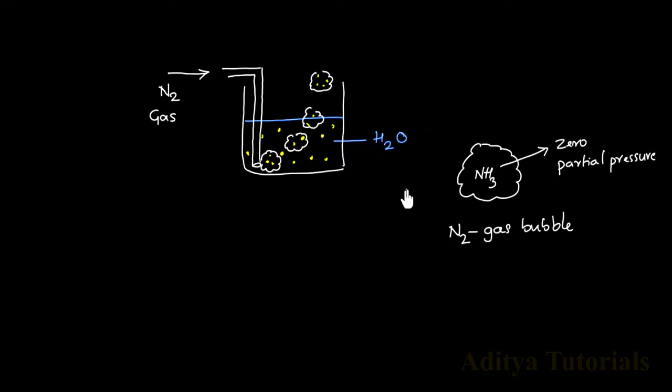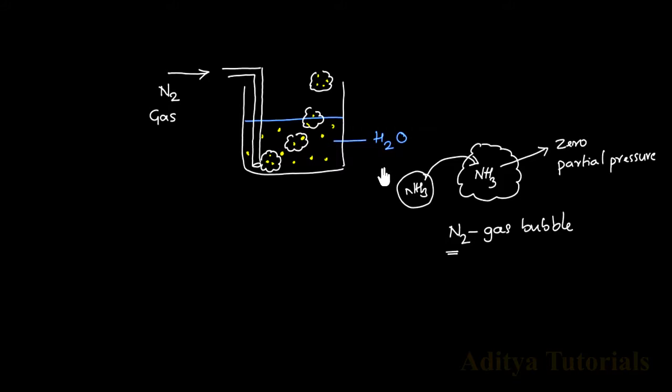And therefore, the NH3 molecule in the water readily moves into the bubble created by nitrogen gas. Because in that the partial pressure is zero, this NH3 molecule easily enters the nitrogen gas bubble. Therefore, ammonia can be removed from the aqueous solution by bubbling nitrogen gas into it.